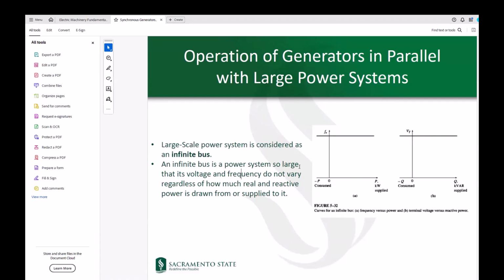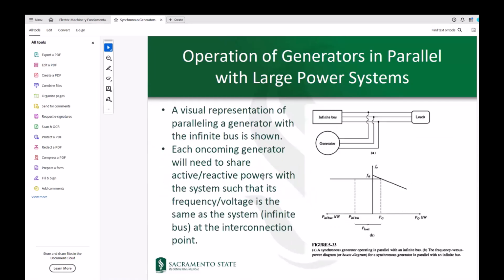Now, in order to parallel a system with this infinite bus, we can look at this scenario. This is an infinite bus, which is providing some loads, and you're going to bring another generator to this system of infinite bus. This infinite bus internally means a few thousand generators, for example. And you're going to bring another generator in circuit with the rest.